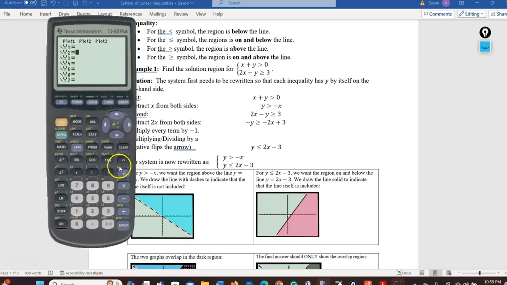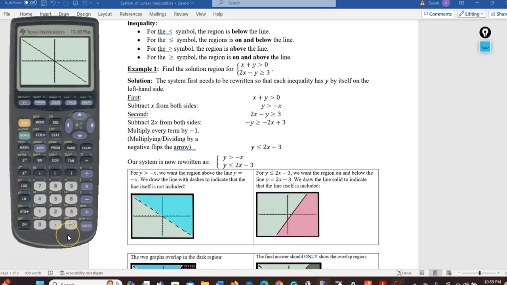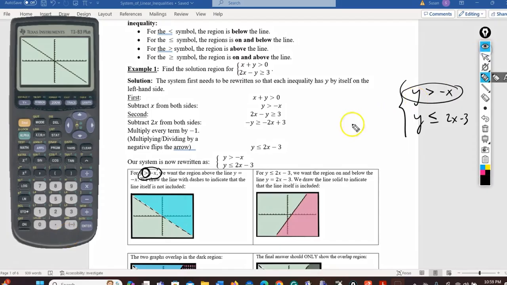So for the first one, for y strictly greater than negative x, we just want the region above, and we would draw that line dashed because it's not included, because equality is not part of the symbol. So I'd get the blue region.